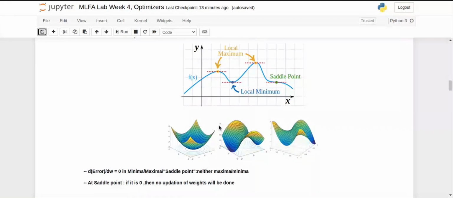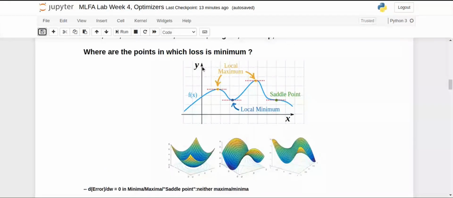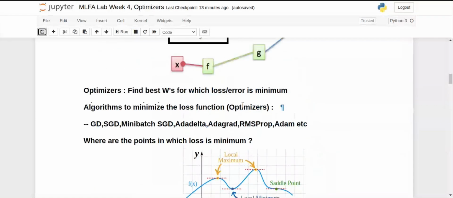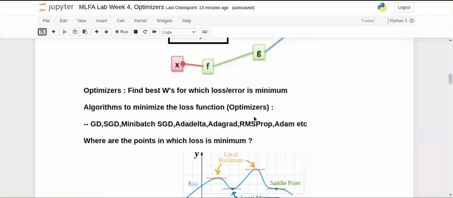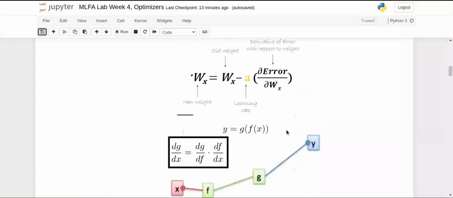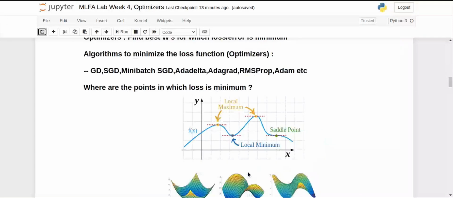You can see from this picture, you can think of the y-axis as the error and the x-axis as the weights. Suppose this is a loss function, where the error function is called fx, and x is this wx. If you plot it, most of the time this is a non-convex function.